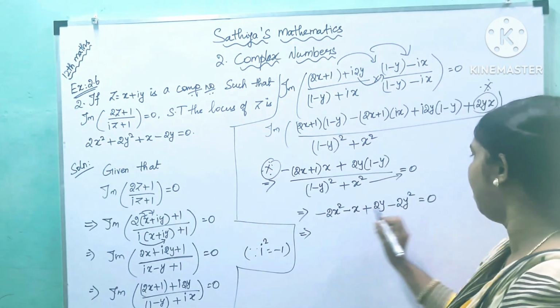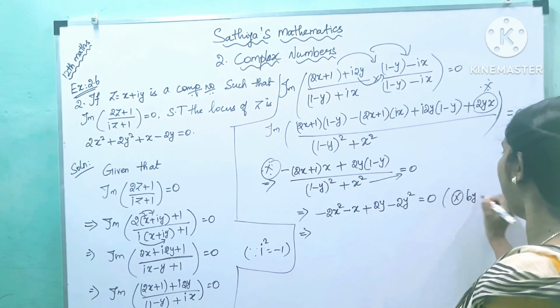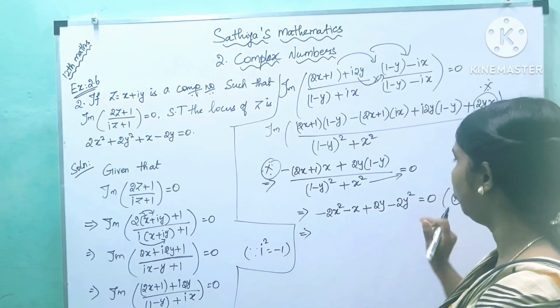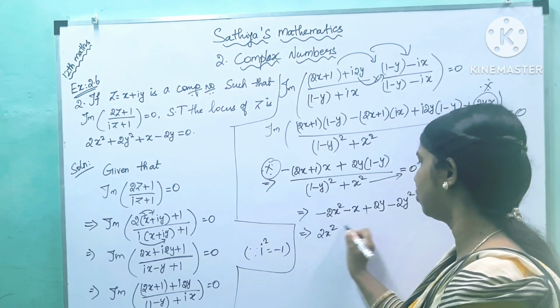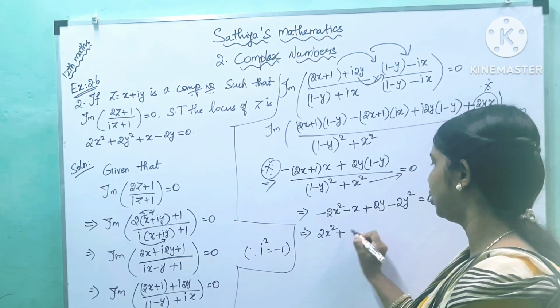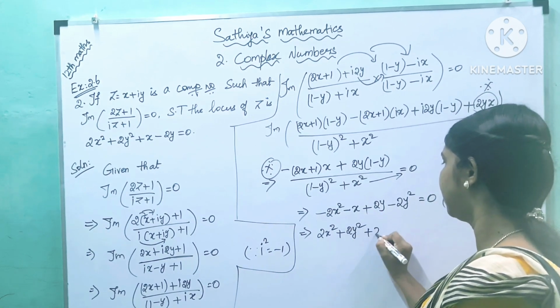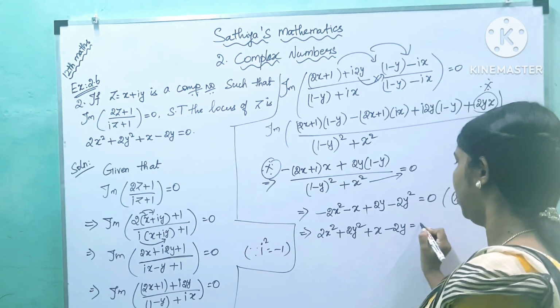So multiply by minus 1 throughout the equation. By multiplying minus 1 throughout the equation, minus 2x square becomes plus 2x square, minus 2y square becomes plus 2y square, minus x becomes plus x, plus 2y becomes minus 2y, equal to 0.